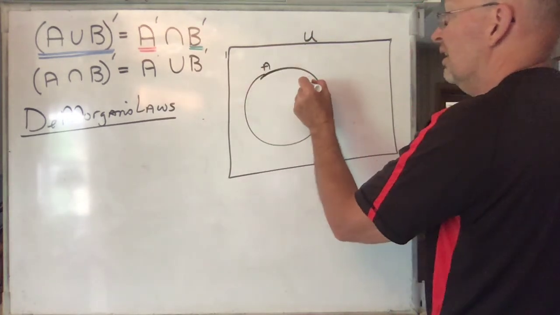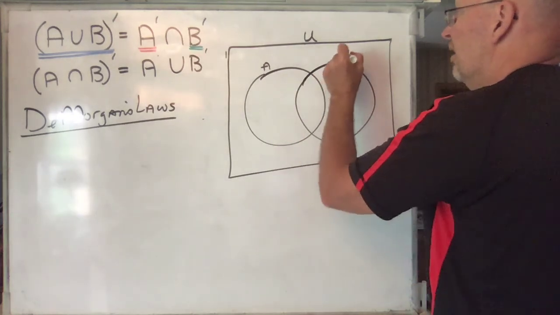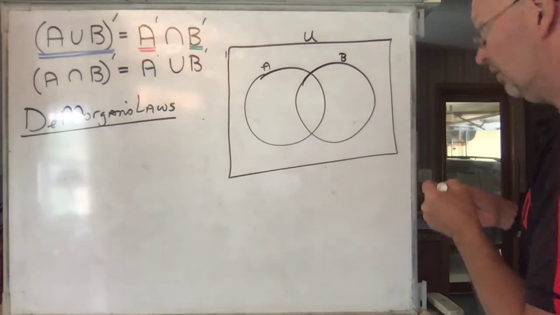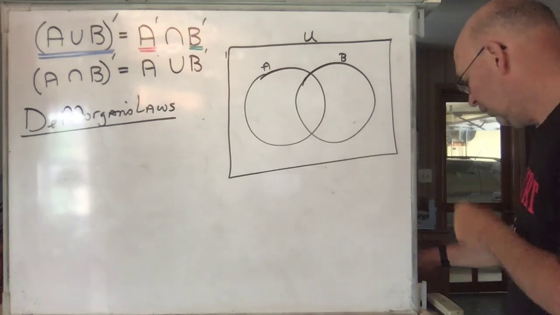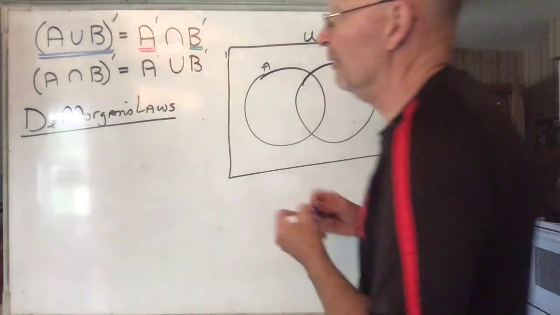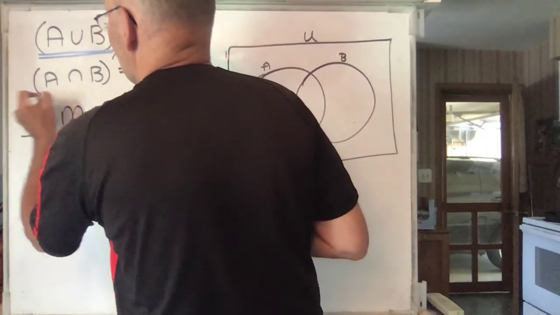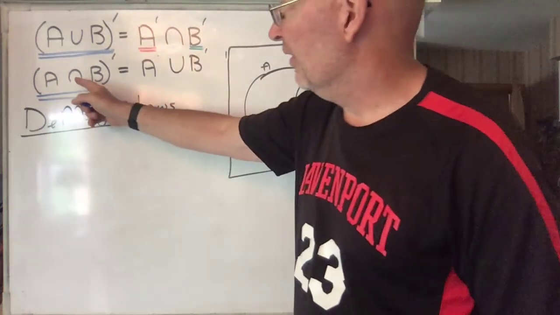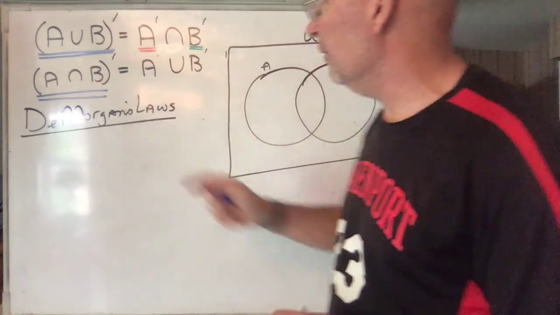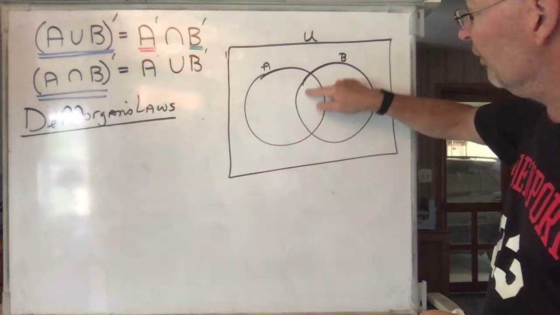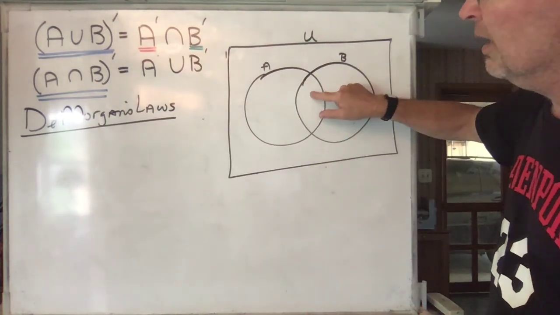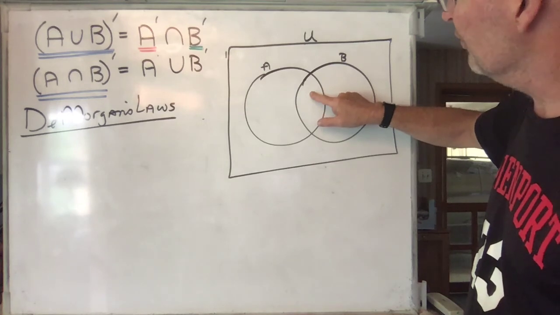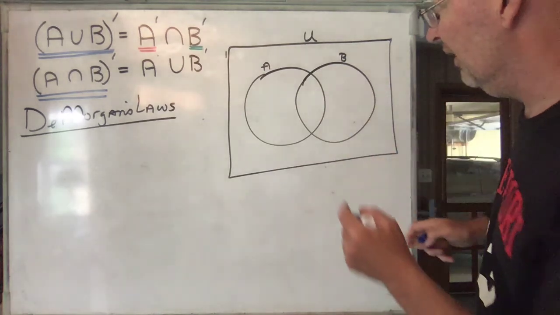There's A. There's B. Okay. What does it say? Let's first do this one. This says to do what? It says you take the intersection of A and B. There's the intersection right there. Agreed? And you want the complement of that. So you want everything that's not right there.